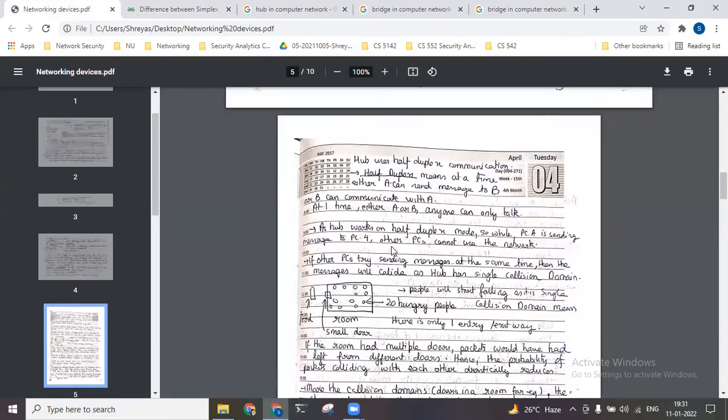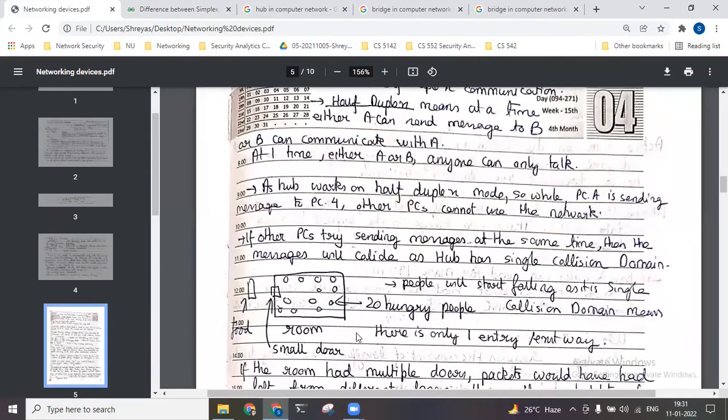Suppose there is a huge room, and there are many people in that room, many hungry people, to make things more lucrative. And I tell them that outside I have food, and I have kept only one door. So what will happen? Everyone will rush through that one door, and that one door is now acting as the collision domain, what we call in terms of networking.